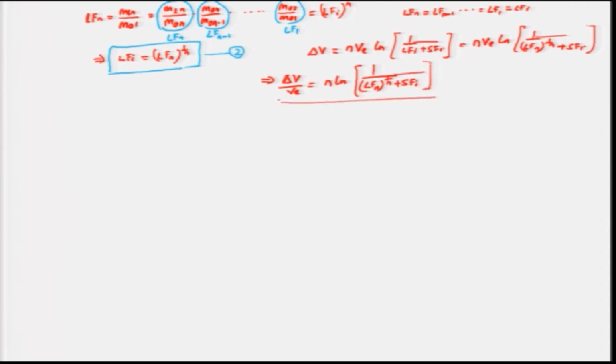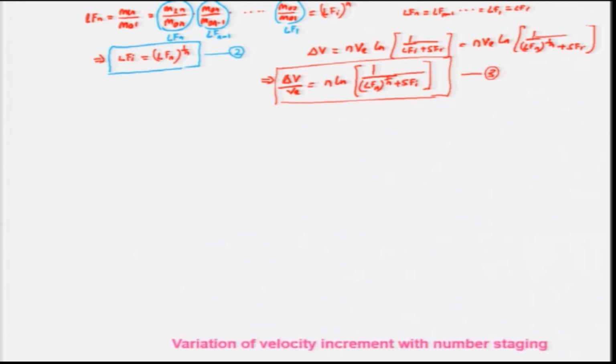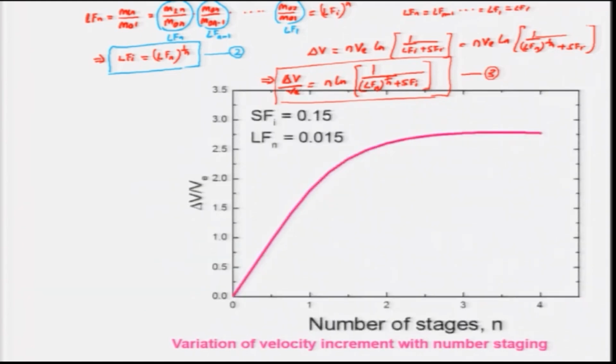This is the expression which depicts the change in velocity for n number of stages, where LF_n is a constant for the entire range and SF_I also remains constant for each stage. If I plot delta V by V_E against the number of stages, we get the variation of velocity increment with number of stages.